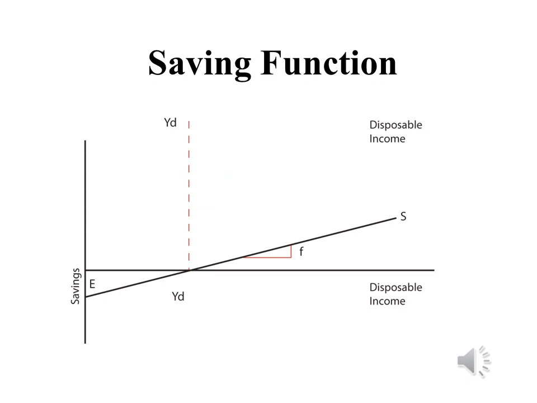As we see from this table, the disposable income is divided into saving and consumption. When consumption is bigger than disposable income, we have negative savings.